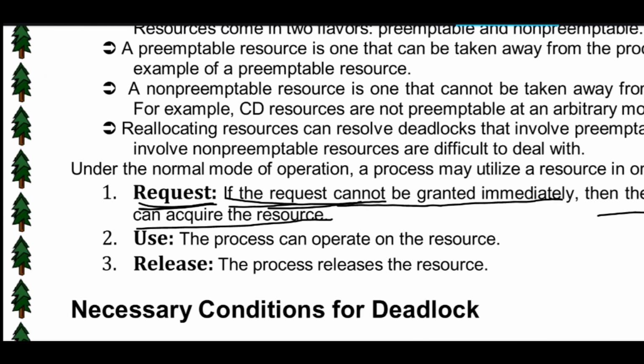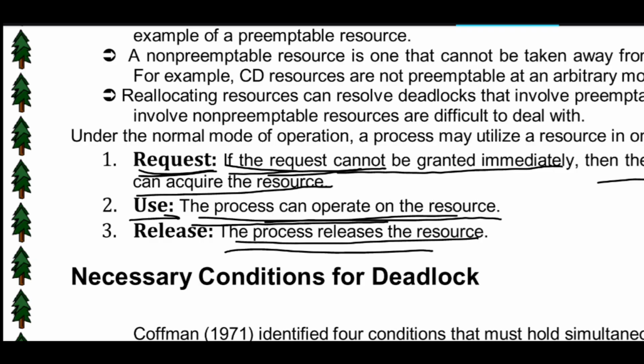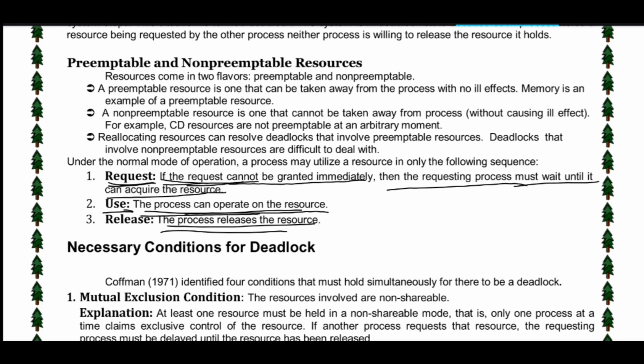If a process requests some resource and the resource is busy, the process will wait for some time until it gets the resource. Then it uses the resource, executes on it, and then releases the resource. These are some of the operations.